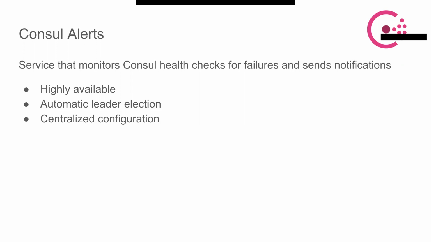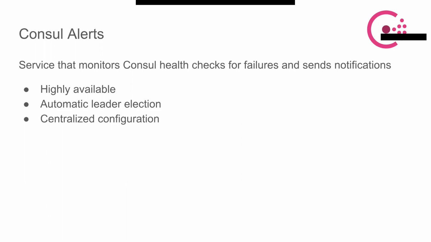Since Consul Alerts is so important, we want to make sure it's up, right? There's no point in having a single point of failure in your service notification or your uptime service. The great thing is you could have 3, 4, 5, 100, it doesn't matter. There's only going to be one leader at a time.